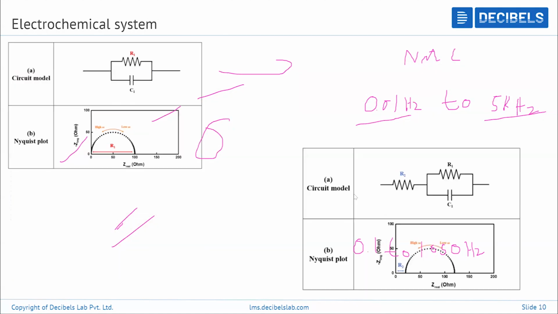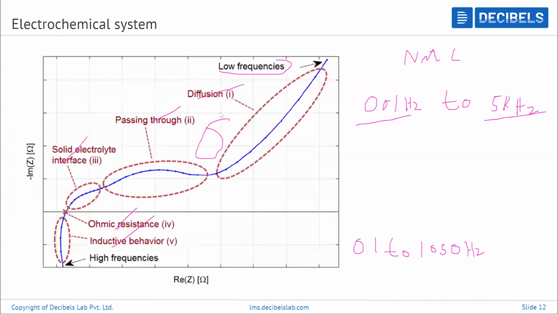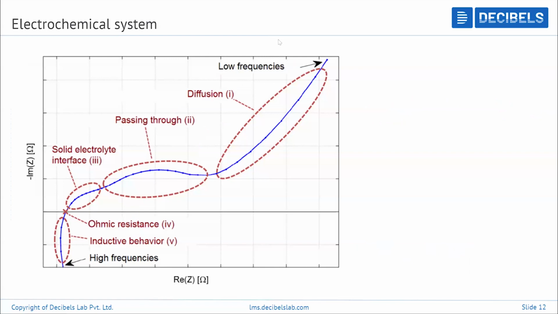So if I want to define here, you can see the low frequencies, it should be ultra low frequency. You can take it as 0.01 hertz.